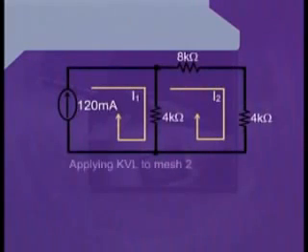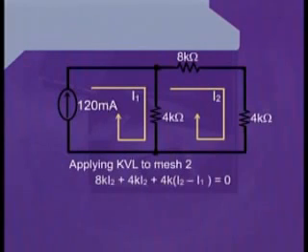For mesh 2, we have to apply the KVL equation. While we apply the KVL equation to mesh 2, let's start writing the Kirchhoff's voltage law equation from the 8 kilo ohm resistance which is at the top of mesh 2.